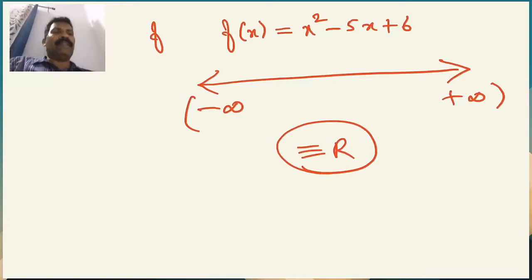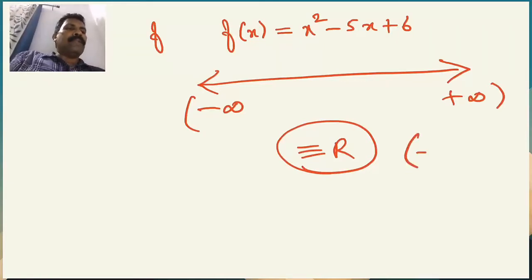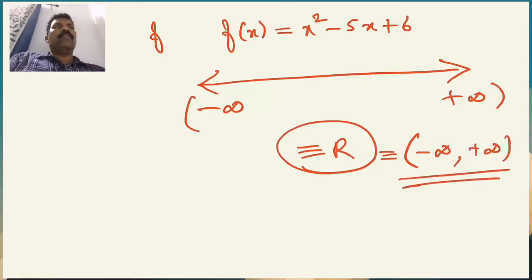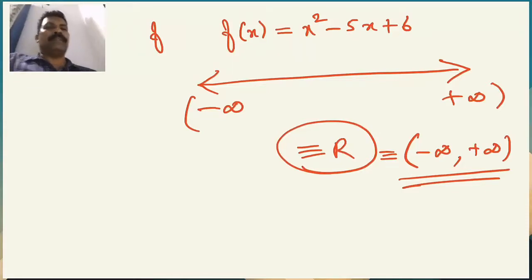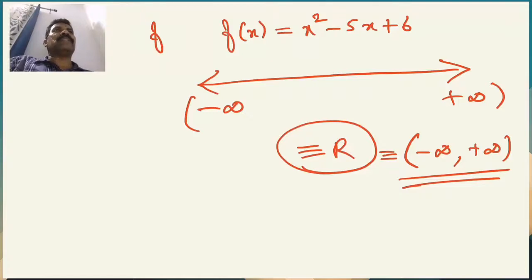So we have to divide this total interval, the open interval negative infinity to plus infinity, into subdivisions in which the function is increasing and in which subdivisions of this interval the function is decreasing.